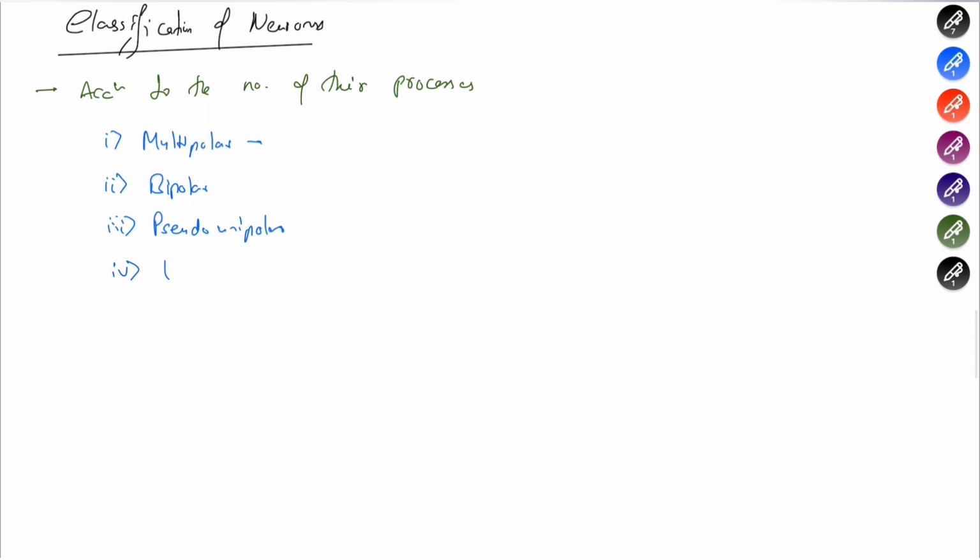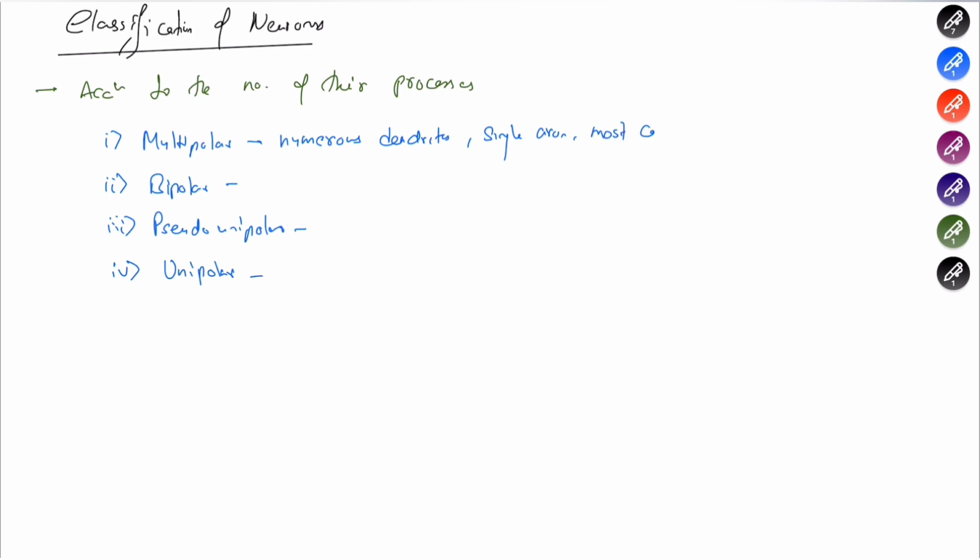Multipolar has various dendrites and a single axon. They are the most in number, most common in adults.